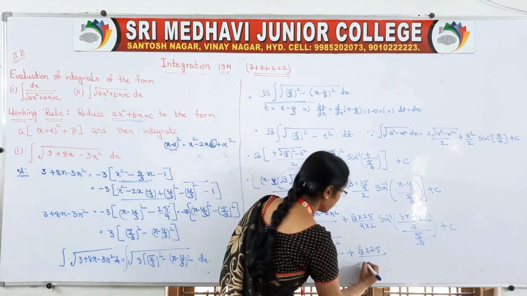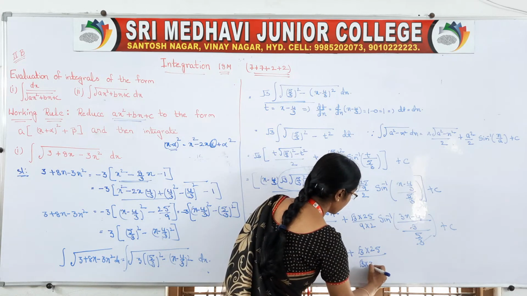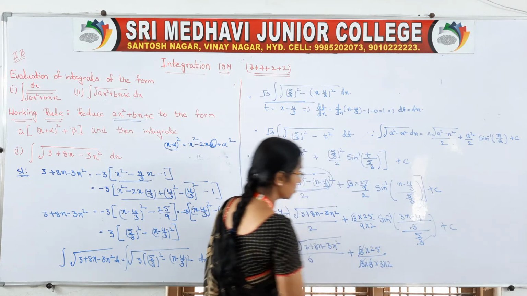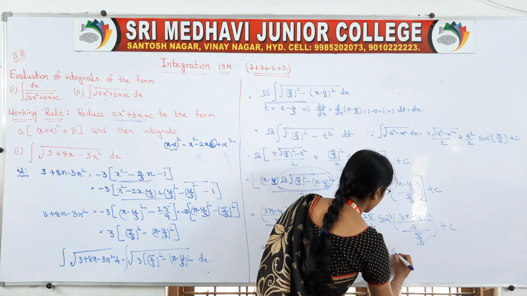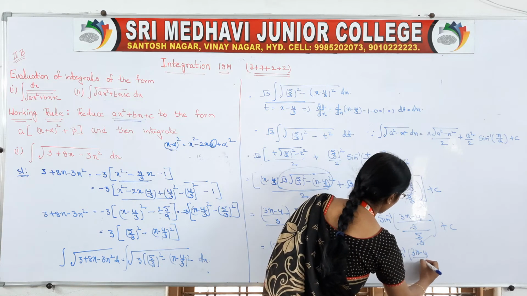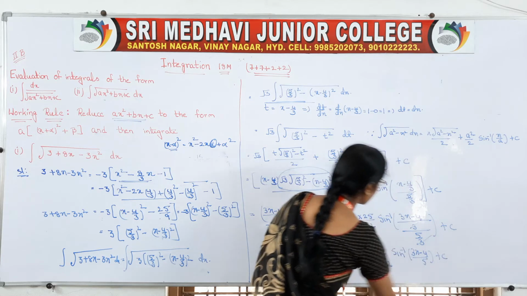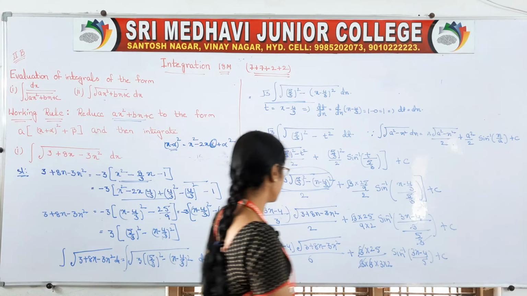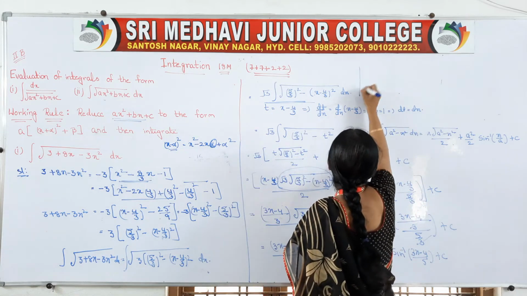One 3 can be taken as root 3 into root 3, root 3 cancels, sine inverse of (3x minus 4) by 5, plus c. So at the end our answer is, what is our answer?